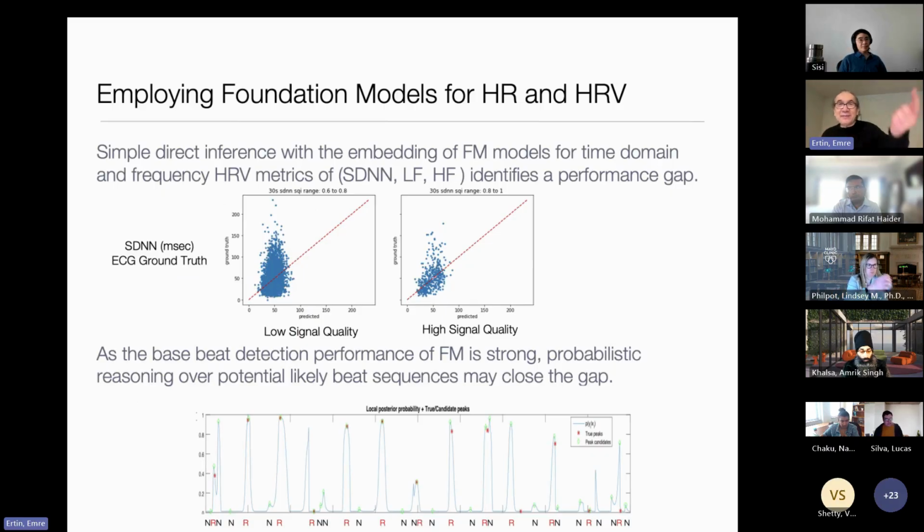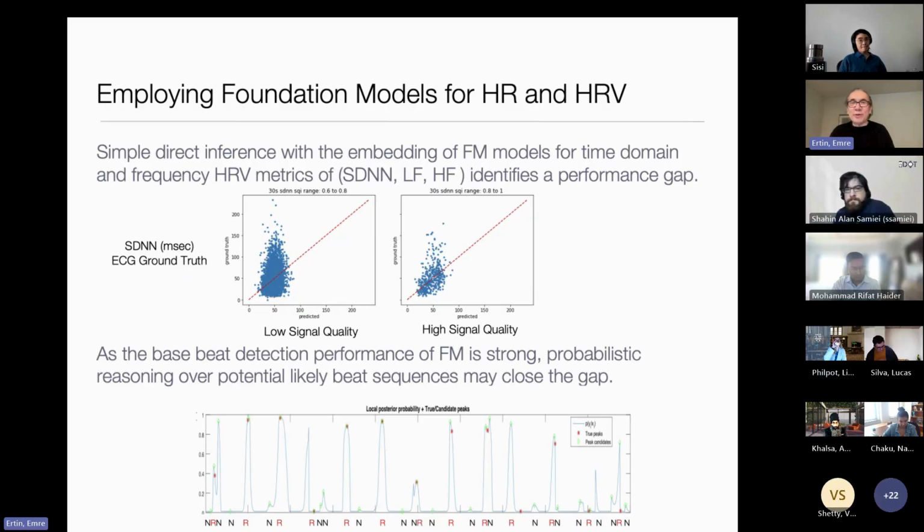The bad news is the heart rate variability. We talked about not only heart rate, but the variability is also important. When you try this simple approach of training a head for estimating heart rate variability metrics, like the standard deviation of R-R intervals, it doesn't perform that well.